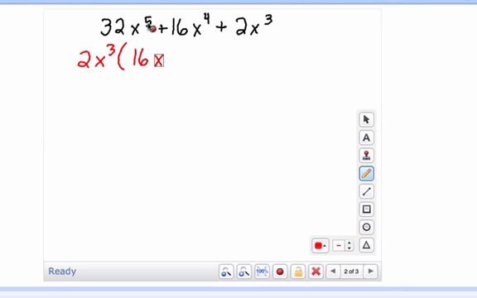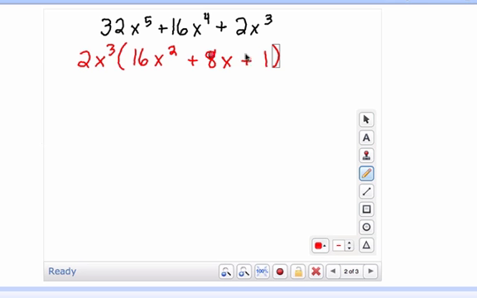If I take 3 of those x's away, it leaves me with 2 of them, plus 2 times 8 would give me the 16 I want, and I'm taking out 3 of these x's, so it leaves me with 1. And I'm taking out all of this 2x to the third, so I need a 1 there to hold its place. So you can see if I distribute this back through, I would get this value here.